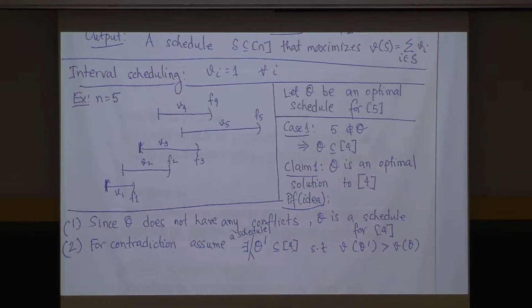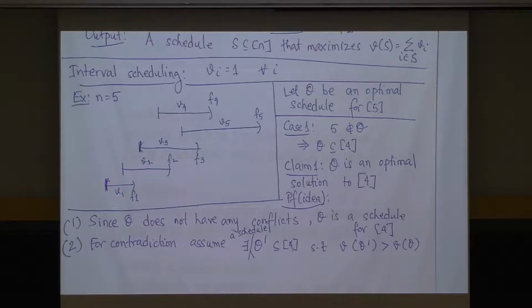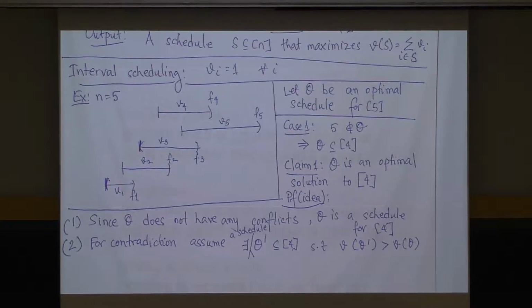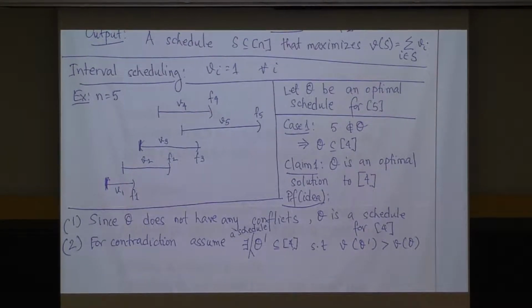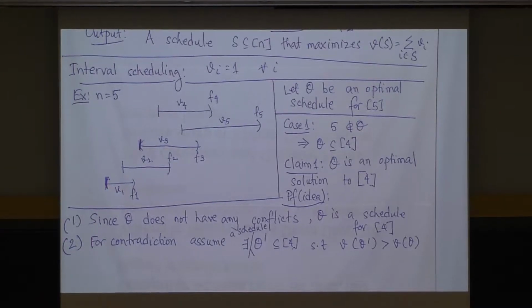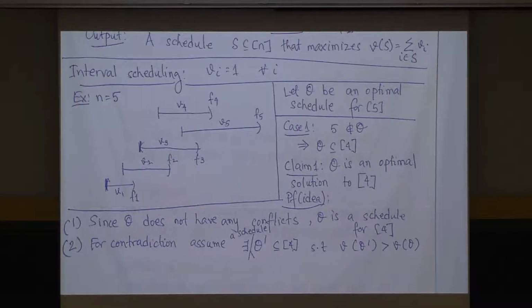Let's say O is not an optimal solution for 1 to 4, then that means there has to exist another schedule O prime which has strictly larger value. But then the observation is, O prime is actually a valid solution for everything also, and you have a valid schedule for everything which has a larger value.